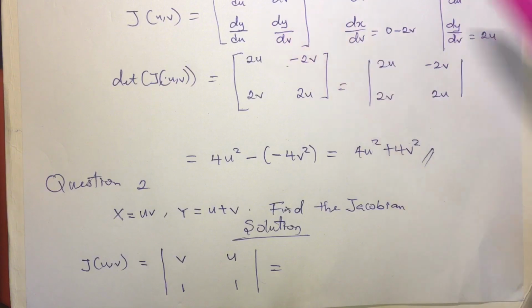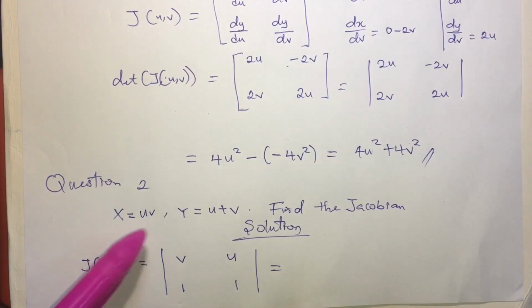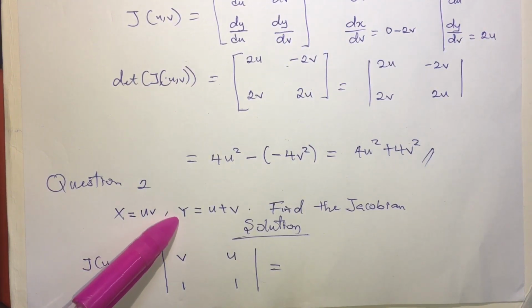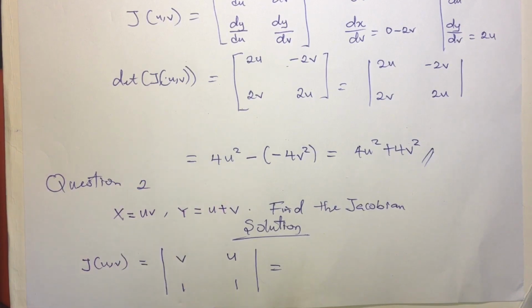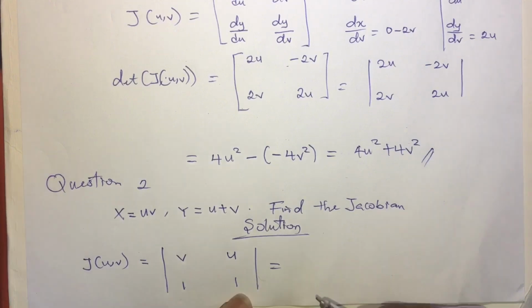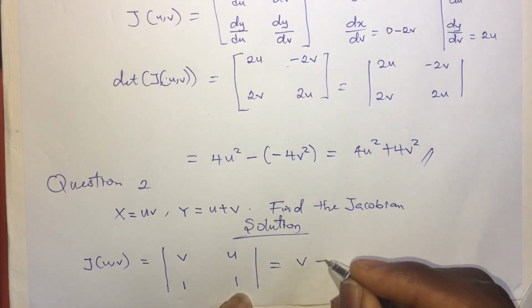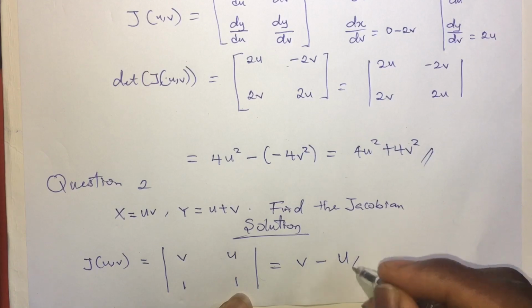And looking for the y over the v, when you differentiate this function with respect to v, u automatically becomes 0, and v is equal to 1. Hence, looking for the determinant of this particular problem, we have v times 1, which is v, minus u times 1, which is u.